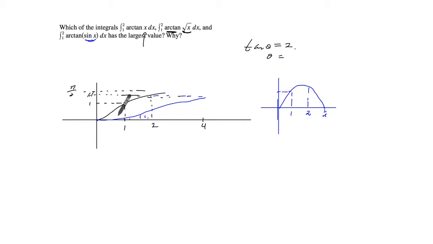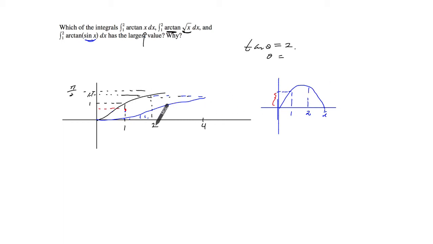So when you plug in 1, we're going to get sine of 1. So again, the graph's going to be lowered. We plug in 1 and we get this value instead, which is less than 1. So we're going to get a height on the normal arctan graph that's less than 1. So it's going to be here.